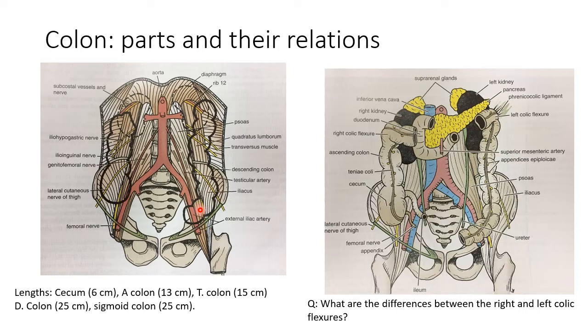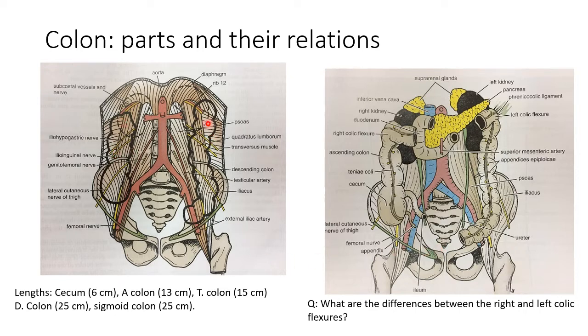If they are intraperitoneal, they should have mesentery, but the cecum does not have a mesentery, although it's an intraperitoneal structure. Transverse colon has a mesentery, and we call it transverse mesocolon. Sigmoid colon has a mesentery, and we call it sigmoid mesocolon.